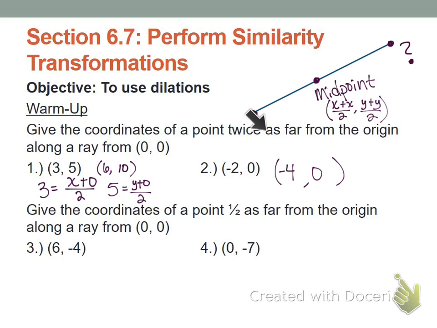Times 2. Twice as far, times 2. 5 to 10, we multiplied by 2 for twice as far away. So we can do the same thing here. We just take these times 2 to get a point twice as far away. Questions, concerns?